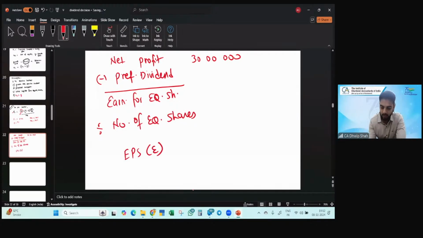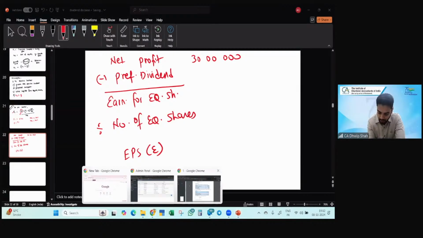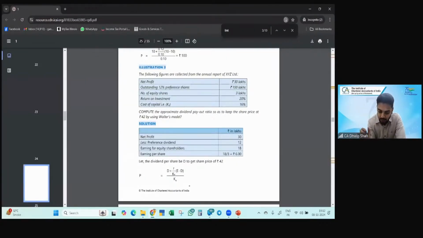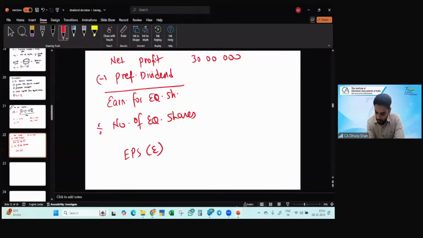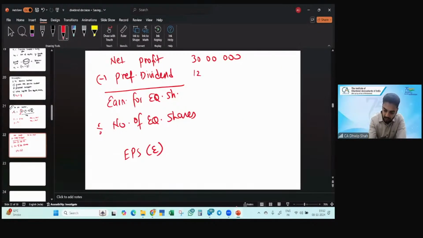So preference dividend would be 100 lakhs at 12%. 100 lakhs is preference share capital and 12% is the dividend rate. So can I say 12 lakhs? So my earnings for equity shareholders would be 18 lakhs.